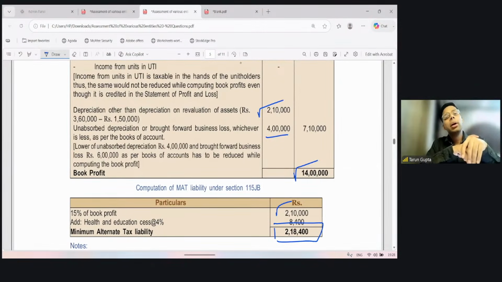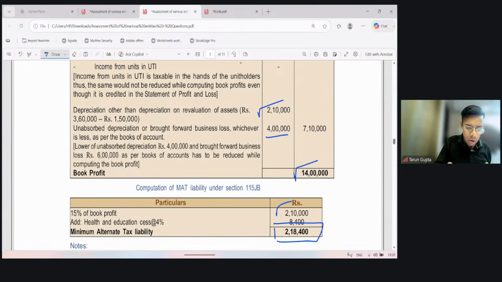Then we discussed in detail the MAT, the provision of MAT in case of Indian companies, MAT credit, the foreign companies on which MAT is not applicable, and other provisions for MAT. Okay. Then we practiced some questions to understand the concept.